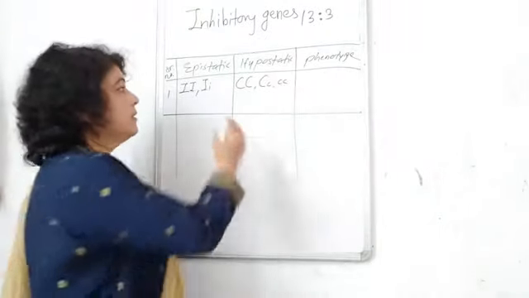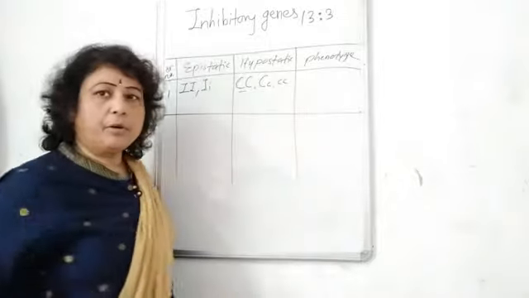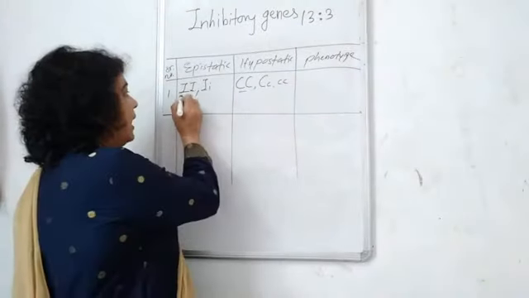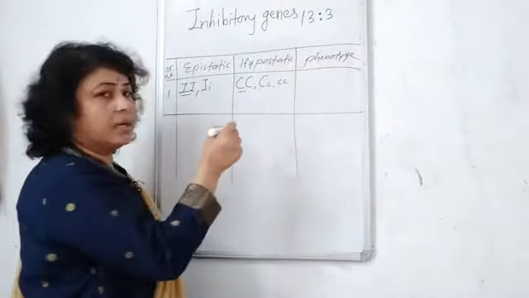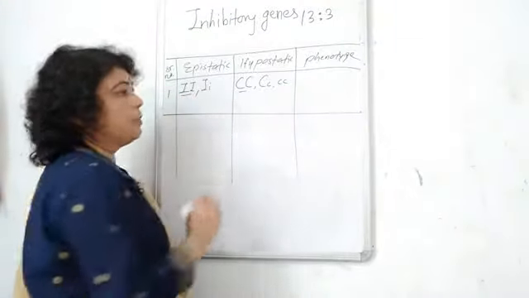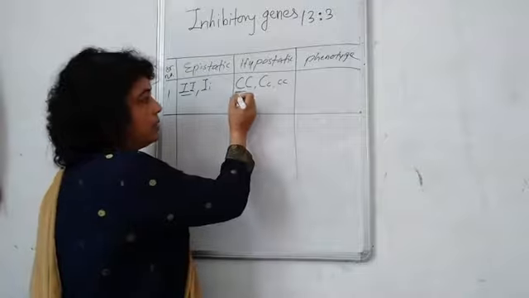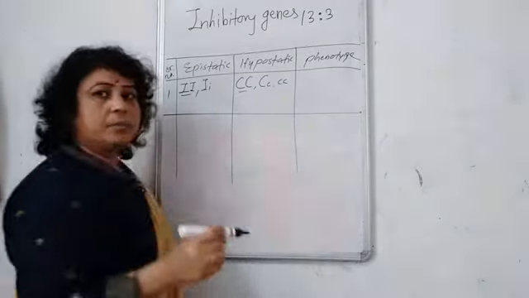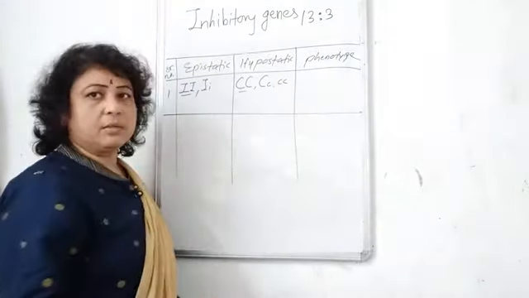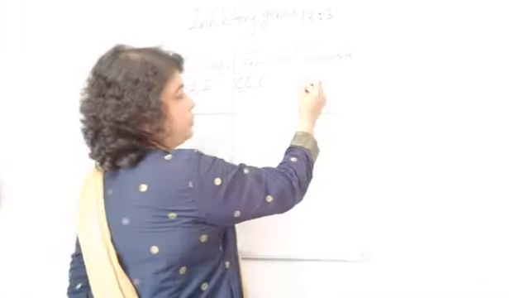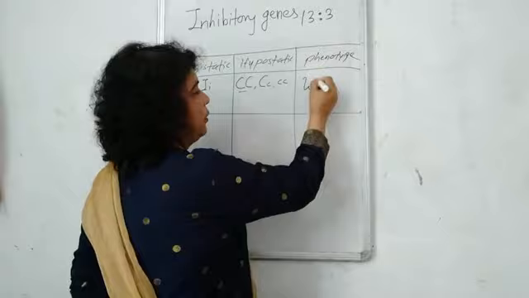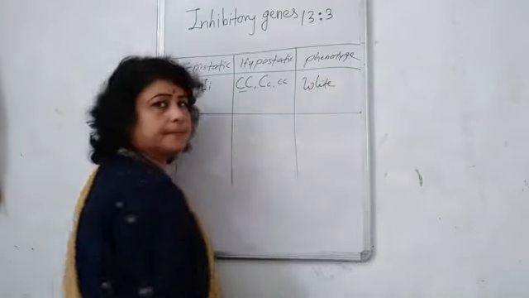In that case, C is responsible for development of the color and I is responsible to inhibit the color. I is dominant, so whatever the C may be, it does not produce the color, so it produces white.